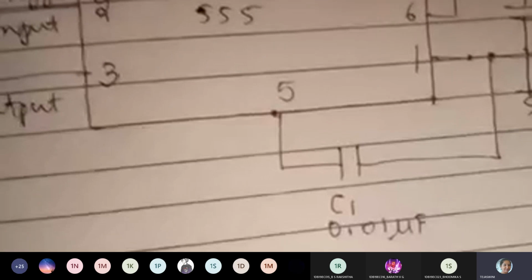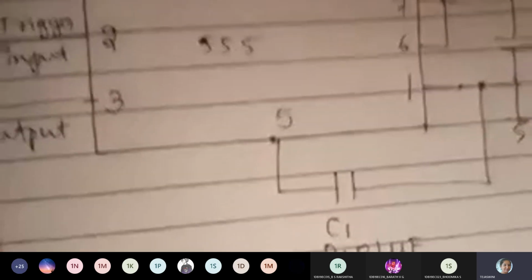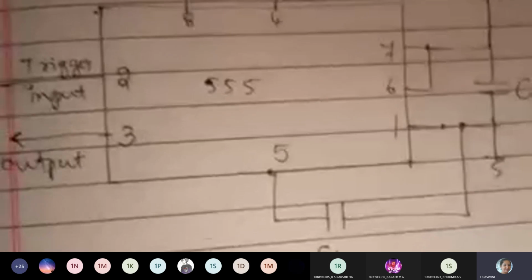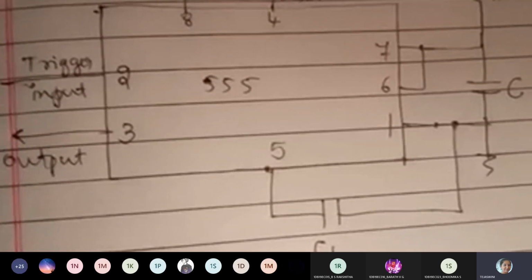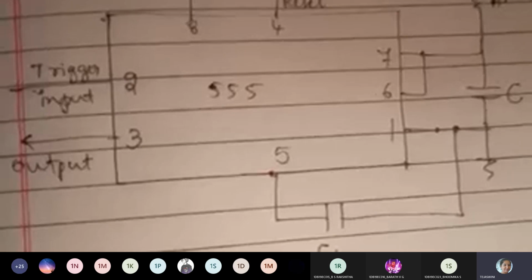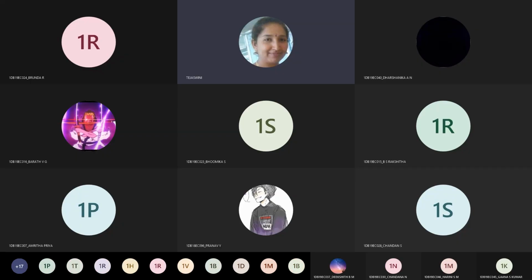Okay, Brunda. Ananya. Okay, Ashita, yours is 47. Ashita, is this correct? Brunda, once again, is this correct? Our screen is not visible, ma'am.